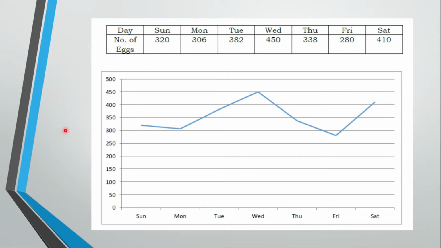So as we can see, we can interpret this data na noong Sunday, meron siyang nakuhang 320, and then yung pinakamaraming kuha ay noong Wednesday, which is 450, and the lowest is on Friday, which is 280. Ganon ang pag-interpret ng line graph. So kung makikita mo na dyan kung ano ang inire-representa ng bawat linya.